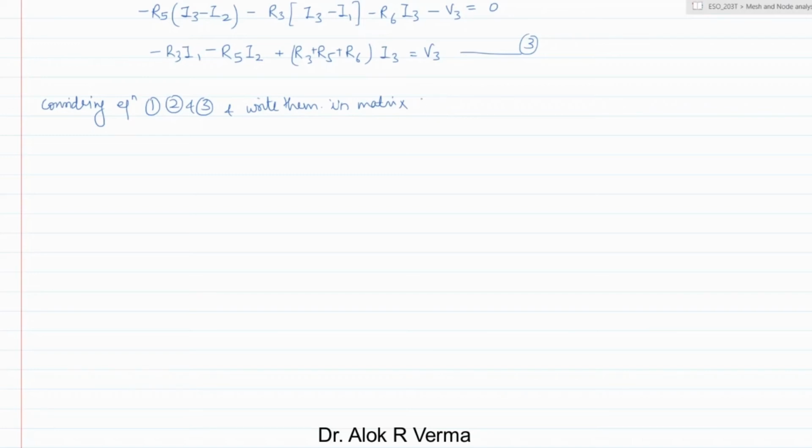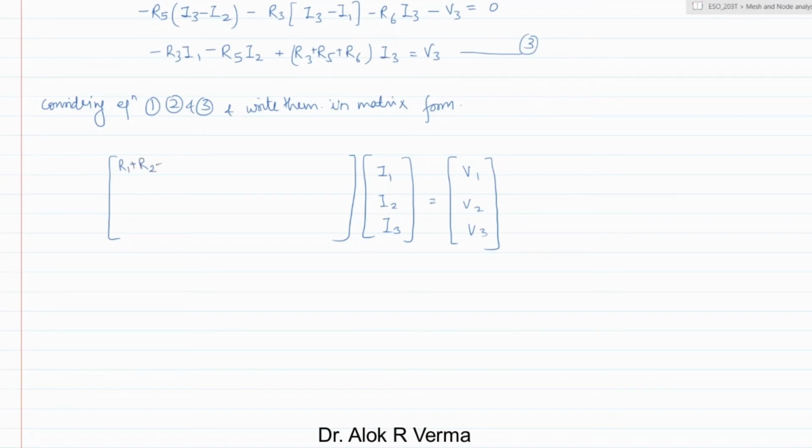Okay, so if we write them in matrix form, we get some matrix here, and then we have variables I1, I2 and I3, and V1, V2, V3. If we fill it in, it will be R1 plus R2 plus R3, minus R2, minus R3.